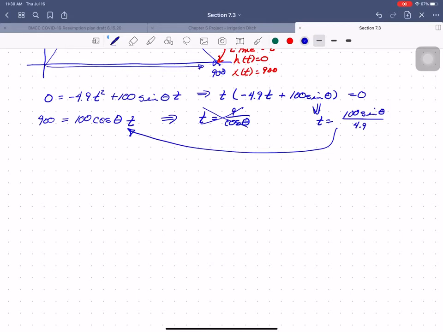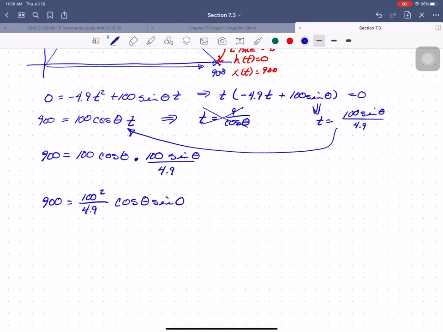So now I've got 900 equals 100 cosine theta multiplied by 100 sine theta divided by 4.9, which means that 900 equals 100 squared divided by 4.9 times cosine theta times sine theta. Well, that'd be really handy if I had not cosine times sine.